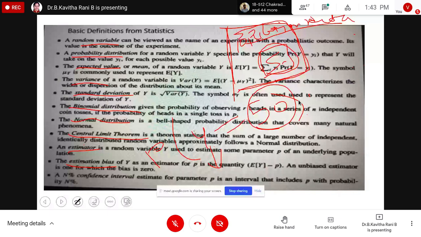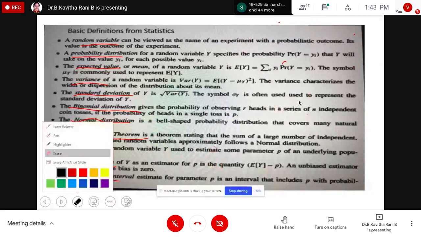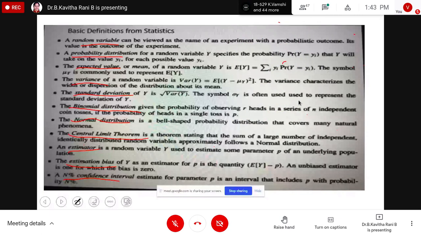Okay, the last term is the n% confidence interval. We have some data plotted in the form of a histogram.